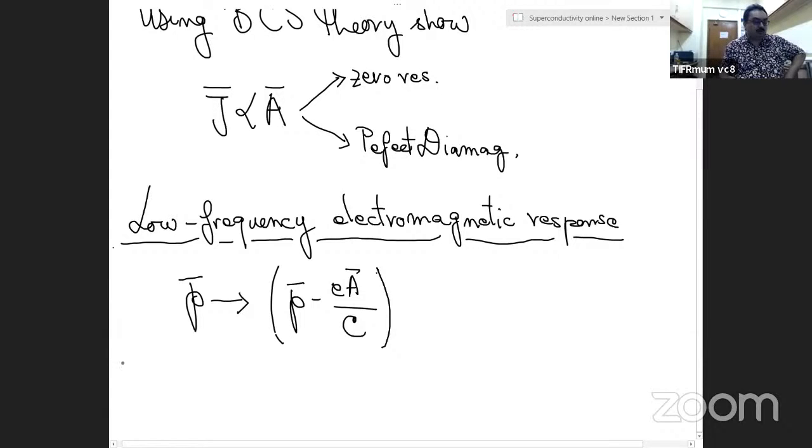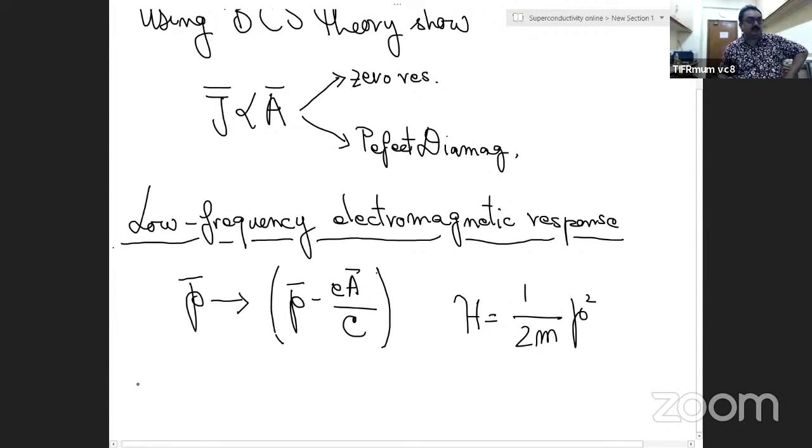So now the original Hamiltonian that I had started with was a free particle Hamiltonian, so it is P squared by 2m.